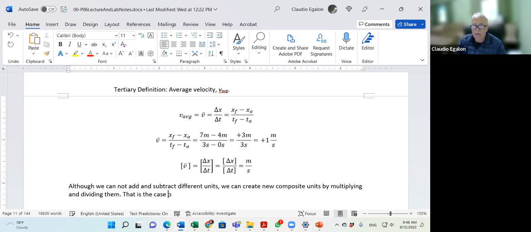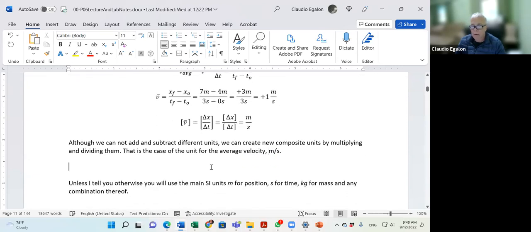That's the case of the unit for the average velocity, in which we get meters per second. Meters per second.